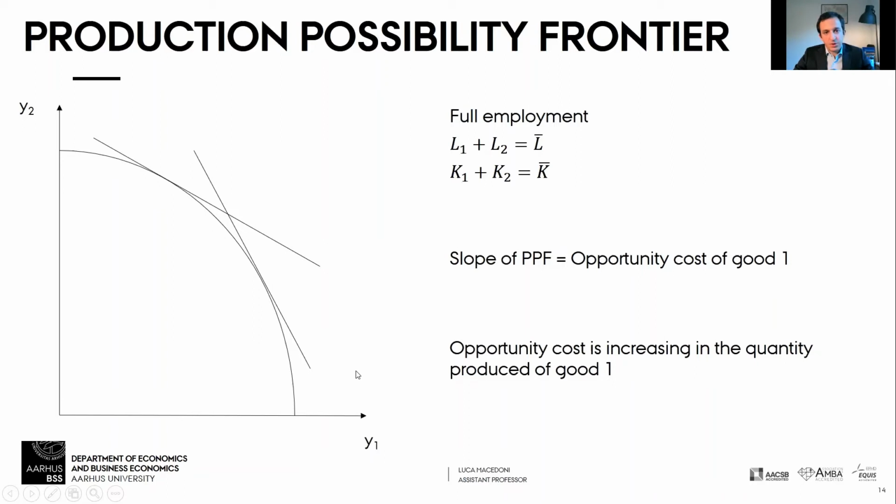So that means that the opportunity cost of good one is increasing, right? And why is this? Because of the diminishing marginal returns. Again, right? As you move capital and labor to the production of good one, you're going to sooner or later encounter these diminishing marginal returns, so that you need more and more workers and more capital to increase output by the same amount. Okay?